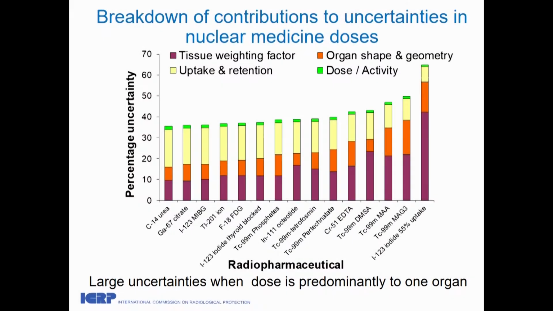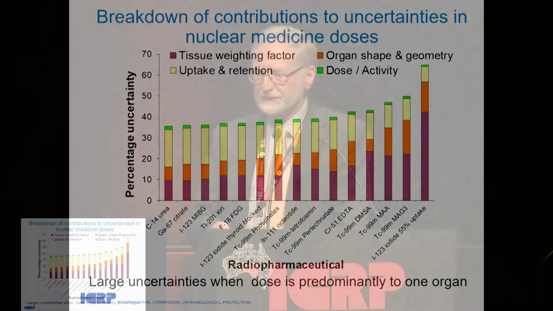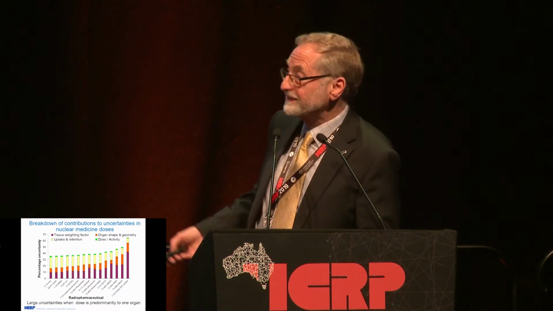And this is a similar thing, just looking at nuclear medicine scans and breaking down the contributions from the different components: the tissue weighting factors, the organ shape, the uptake. And you see the actual activity measurement uncertainty is quite small. But again, the one with the highest uncertainty here is a thyroid scan, because all the radioactivity collects in the one organ.